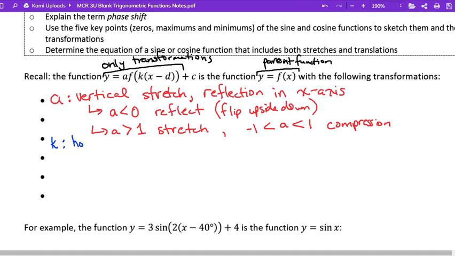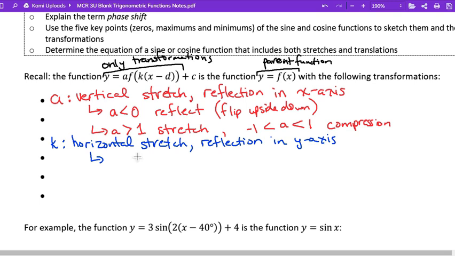This is our horizontal stretch. And what else is it? Good. It's a reflection in the y-axis. So let's talk about that.